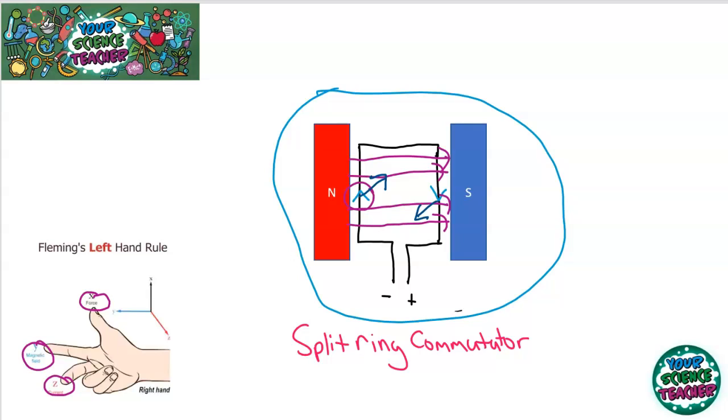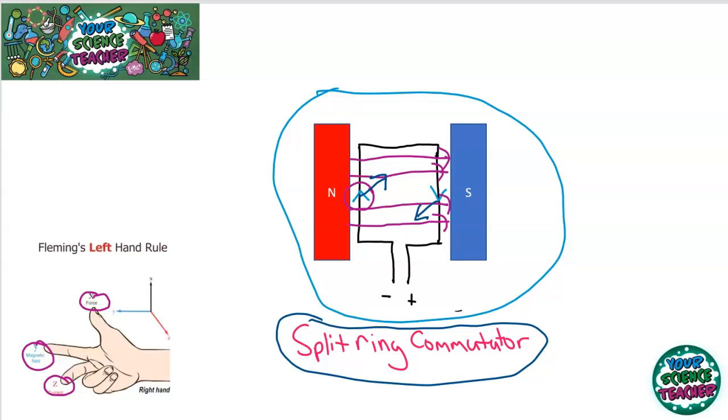Now, you might be saying, what happens when it gets halfway round? Wouldn't it feel the force in the opposite direction and just keep flicking back and forth? Well, that's where this thing underneath comes in, which is called a split ring commutator, and this basically alternates the current every time it gets halfway around that loop.